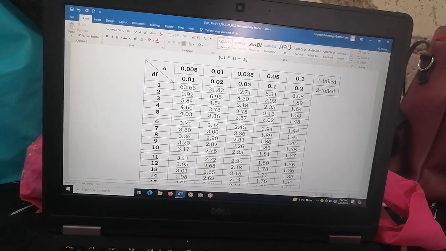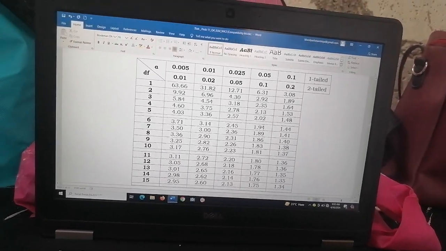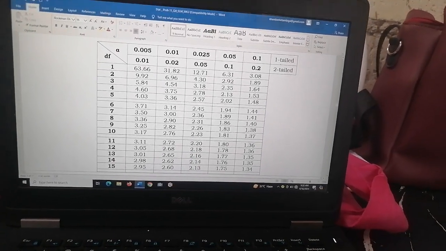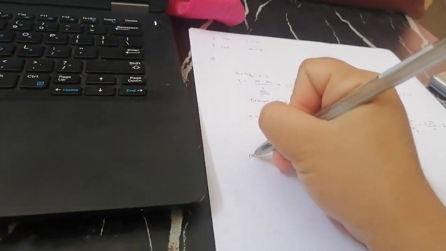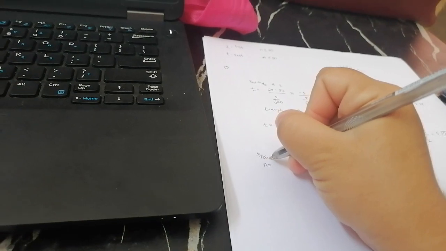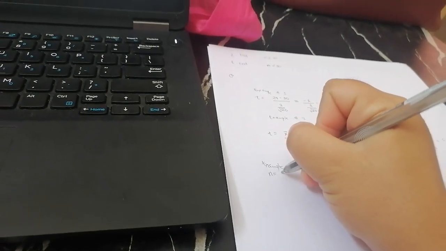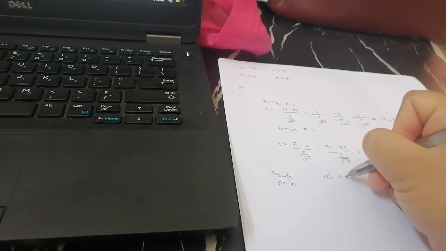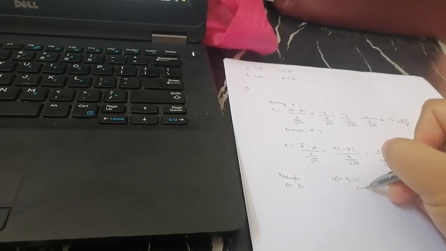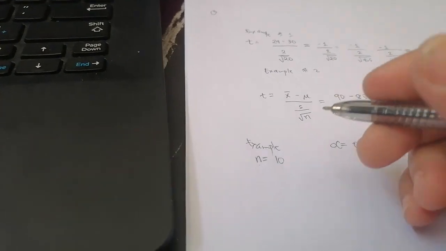As you can see, for example, our sample size is 10 and our alpha is 0.05, and it is two-tailed. Where do we look? Our sample size is 10, so our degrees of freedom is 10 minus 1, which is 9.